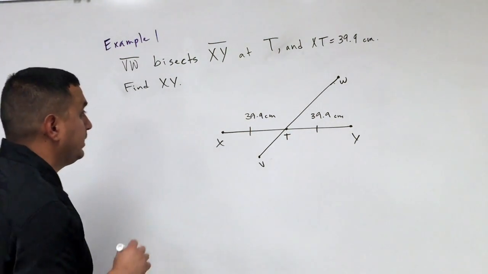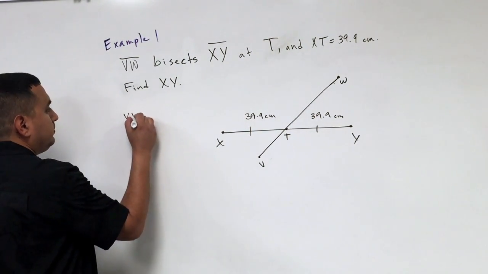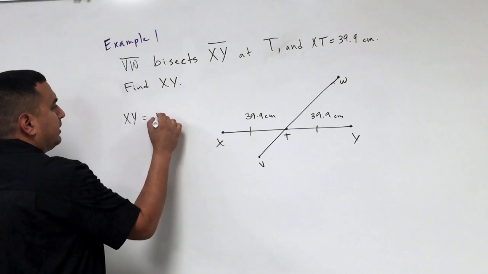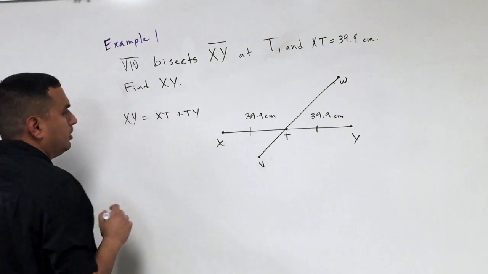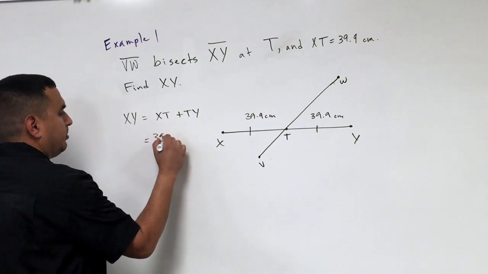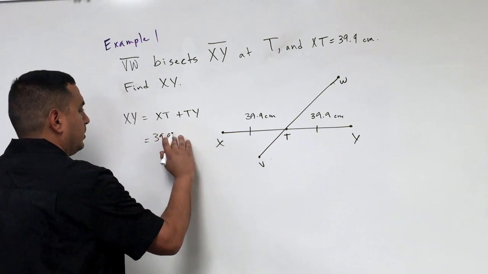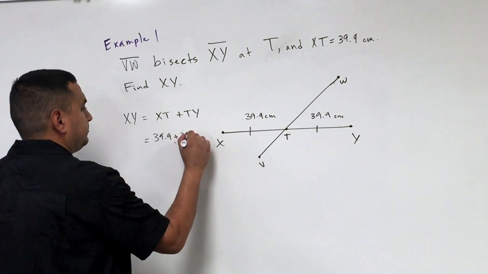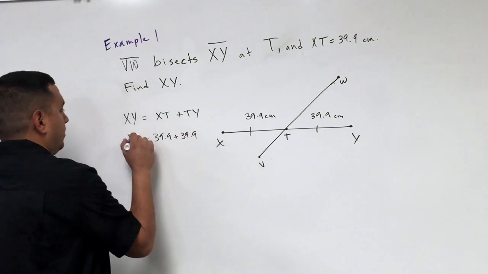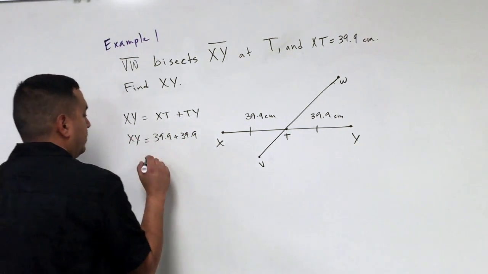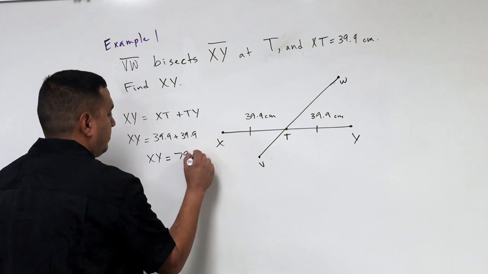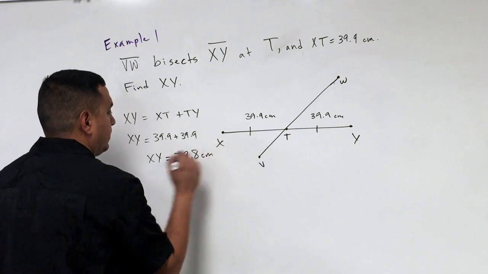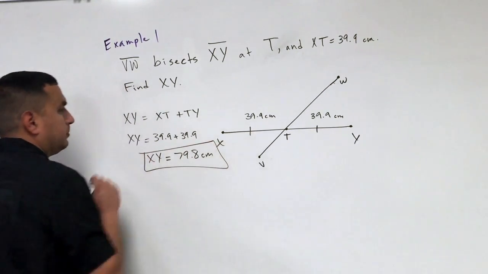To find XY, I would need to add XT plus TY. Both of them happen to be 39.9 centimeters, so I would just add those two together. That tells me that XY is going to be 79.8 centimeters.